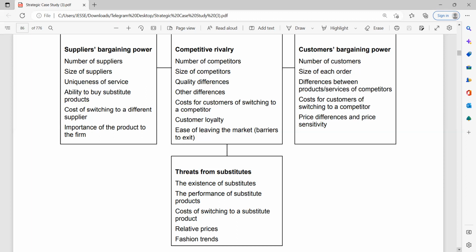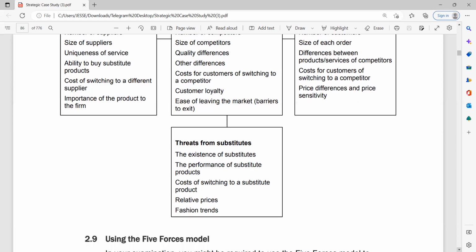Here we are looking at the number of customers, the size of the order, the cost of switching, the pricing, etc. Then our last point is threats from substitutes. We are looking at threats from alternative products here. So the existence of these alternative products, how they perform, how easy it is to switch from one substitute product to another. You are looking at the relative prices, etc.